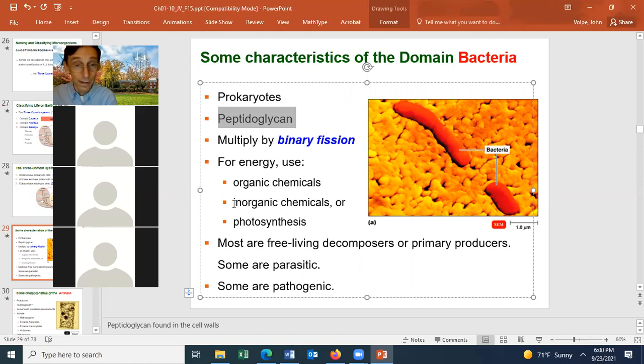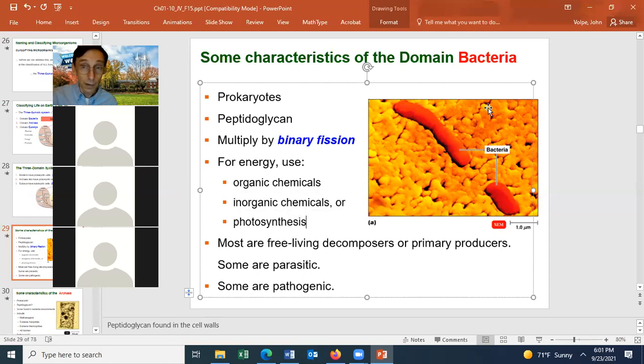And generally, the bacteria that get their energy needs from an inorganic chemical are usually chemosynthetic organisms. And we'll talk a little bit more about that later in the term. And then some of the domain bacteria get their energy needs from photosynthesis, meaning they get their energy from light and then convert that energy of light into chemical energy and make sugar out of it. And those are the photosynthetic organisms.